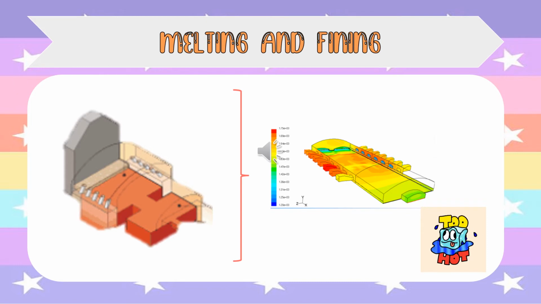Melting of raw materials in the furnace. The batched raw materials pass from a mixing silo to a fire-chamber furnace where they become molten at a temperature of approximately 1500 degrees Celsius.